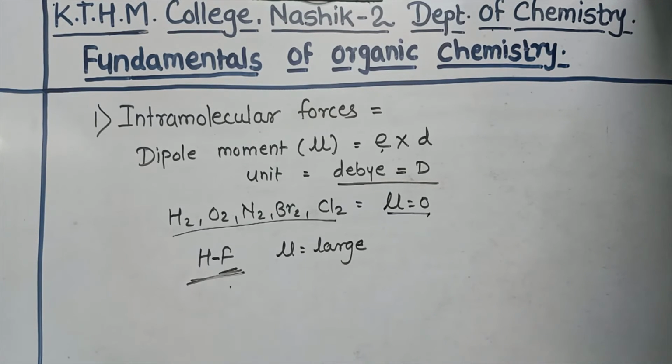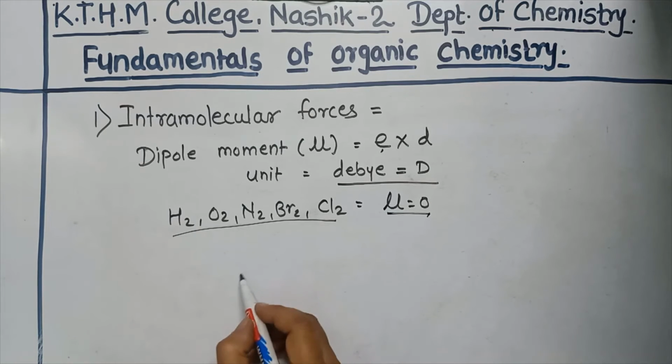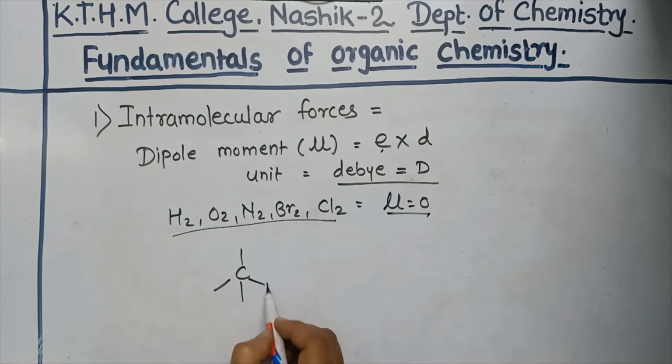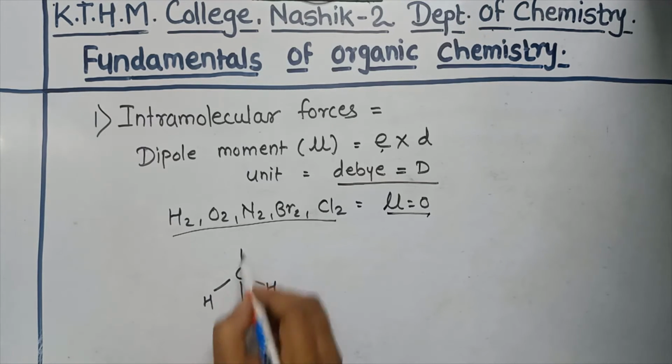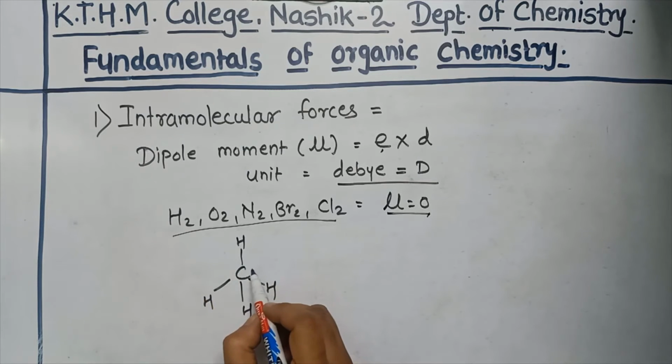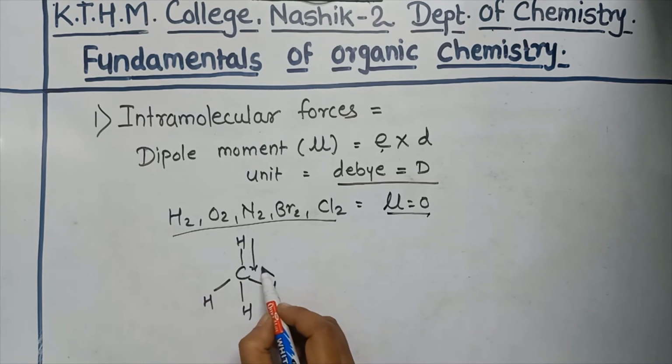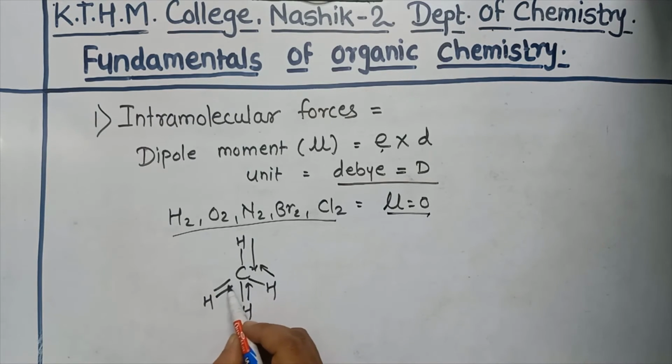Again we consider one more example, methane. In the methane molecule, the arrows start from the positive end to the negative side. So the dipoles cancel each other. These arrows are exactly opposite, so mu is equal to 0.